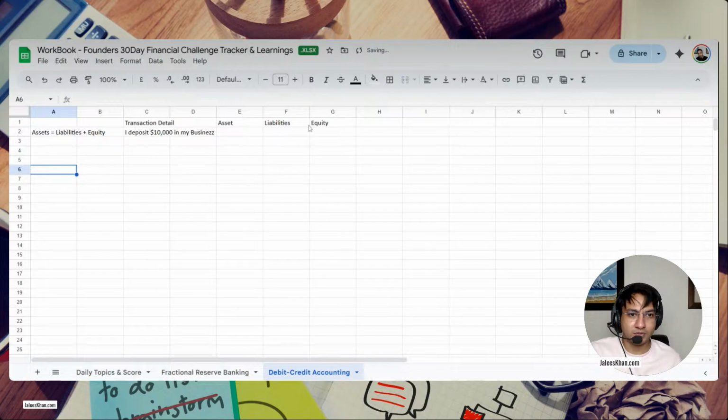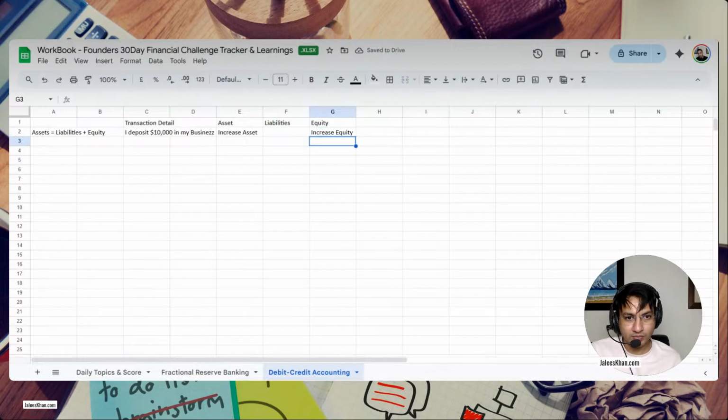Let me start from simple. Okay, if I deposit 10,000 in my business, it is going to increase equity. Then it's also going to increase the asset. Got it?